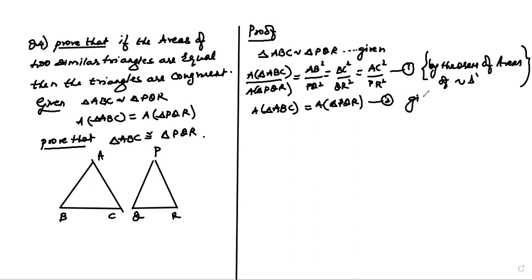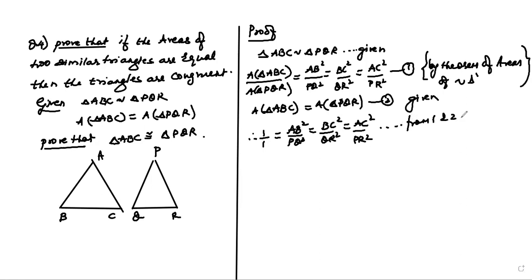So naturally, these two, area of ABC and area of PQR, get cancelled. Therefore, 1 upon 1 is equal to AB square upon PQ square is equal to BC square upon QR square is equal to AC square upon PR square. Can I call it reasoning from 1 and 2? Because the areas are equal, they get cancelled, so 1 upon 1.